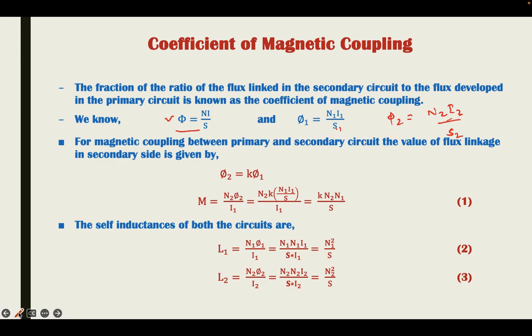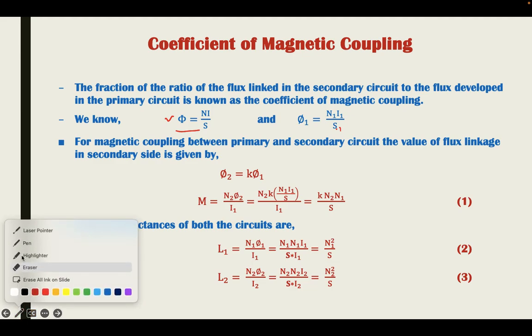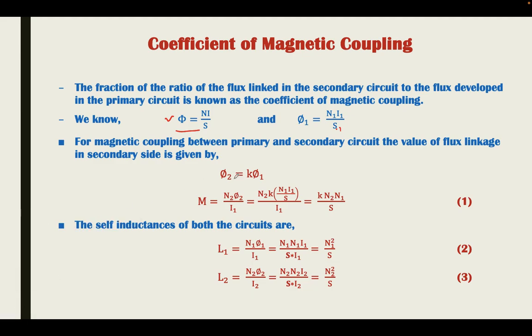Whereas in this case we consider that the flux developed in one circuit is linked with the secondary circuit, and hence either it is totally linked or it is partially linked. If it is partially linked, that component is taken as K. So phi2 is equal to K times phi1. Phi1 is the flux in one circuit and phi2 is the part of that phi1 linking with the second circuit.